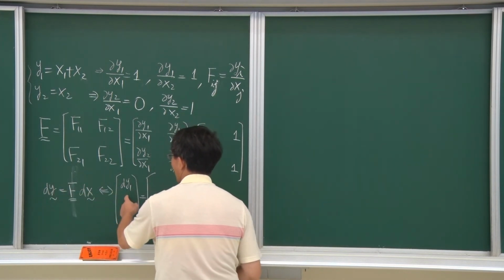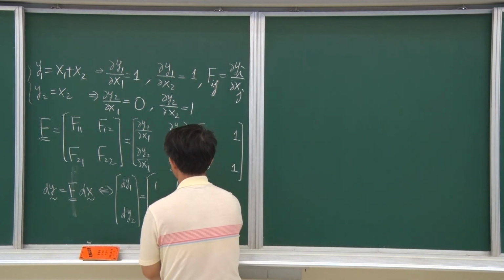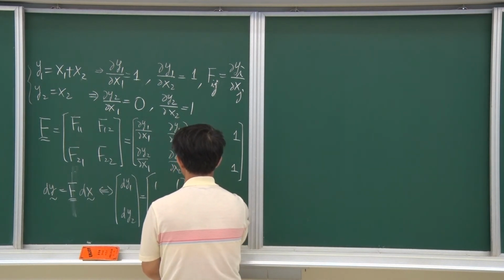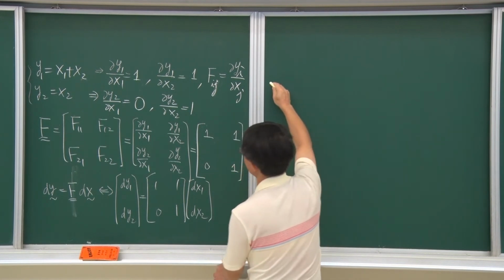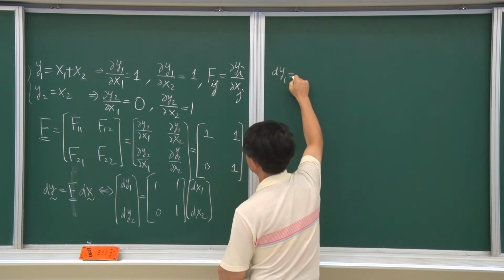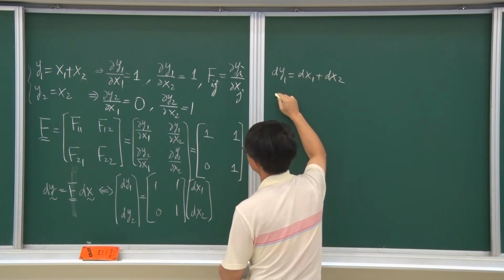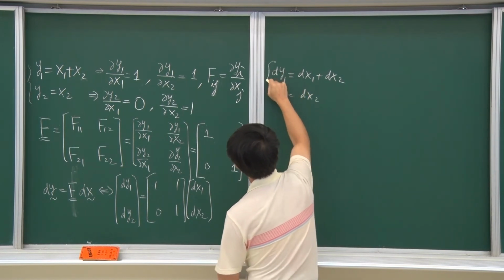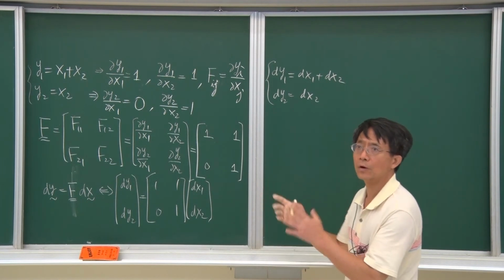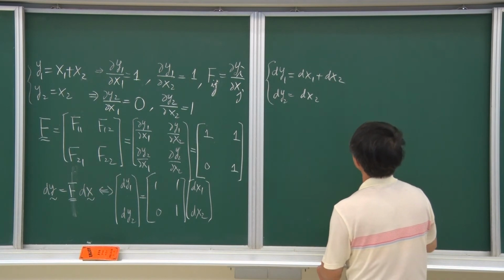This is the y vector, and F is 1, 1, 0, 1, times dx1, dx2. Then we have this relation for the material lines. Let us look at the picture here.